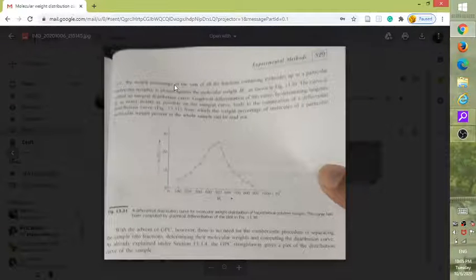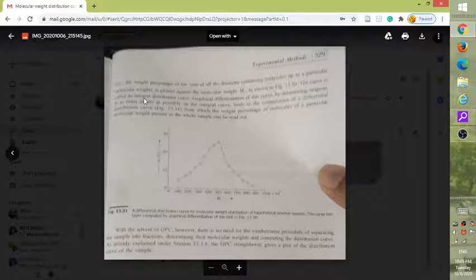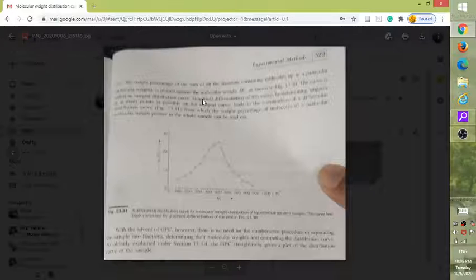That is, the weight percentage of the sum of all the fractions containing molecules up to a particular molecular weight is plotted against the molecular weight Mi as shown in figure 13.30. The curve is called an integral distribution curve.